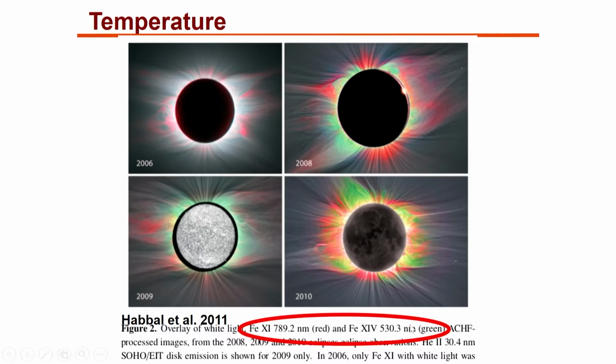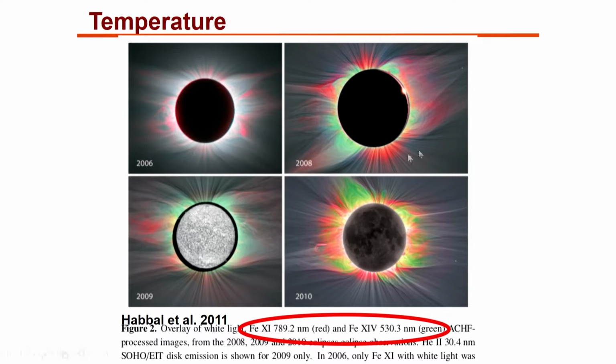The higher ionization state, namely this particular line, 5303, the green line, represents a coronal temperature which is slightly higher than the red line, because when we go on heating any ion, you knock out more electrons from the outer layers. That's how you get the ionization states of different elements. So by comparing these two ionization states, we can get an estimate of the temperature in the corona.